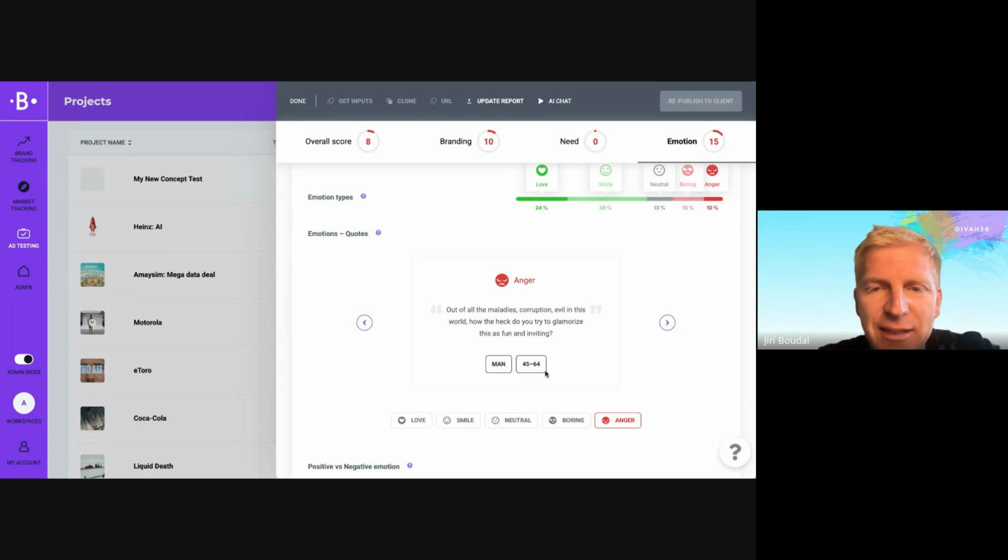They were mostly negative, though I don't think it was the main reason here. I think it was the way of the humor that a lot of people are not ready for, unfortunately. So as you can see here, of the maladies, corruption, evil in the world, glamorizing this thing. So there's a lot of people who are not fans of this humor. So it wouldn't be a good campaign to air on TV or do some wide reach with that.